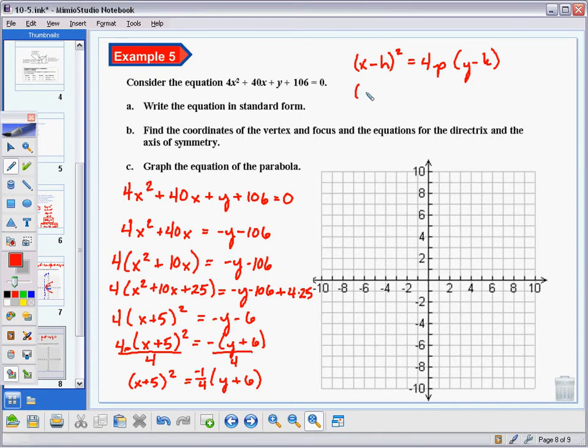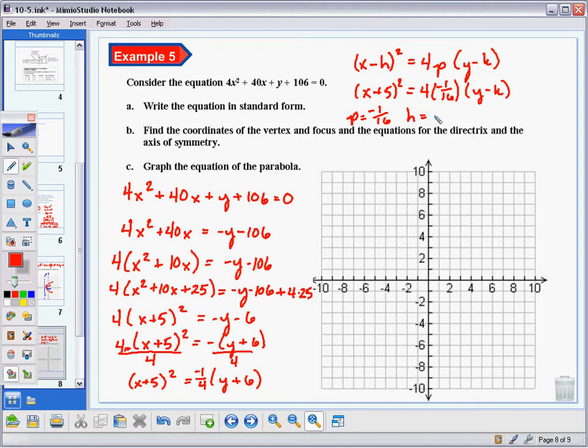So my final equation is (x plus 5) squared equals 4 times a negative 1/16 times (y minus k). That actually gives me that 4 times negative 1/16 would be the same as negative 1/4, and I have 4 times p now, so p is a negative 1/16. Write that down, p equals a negative 1/16.